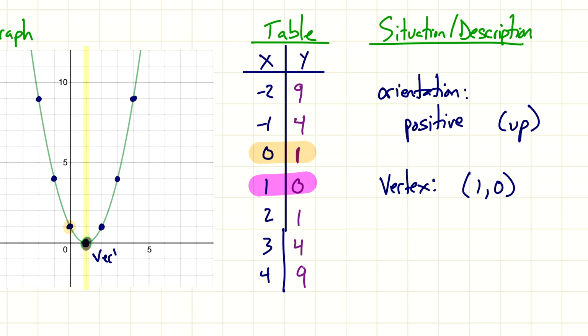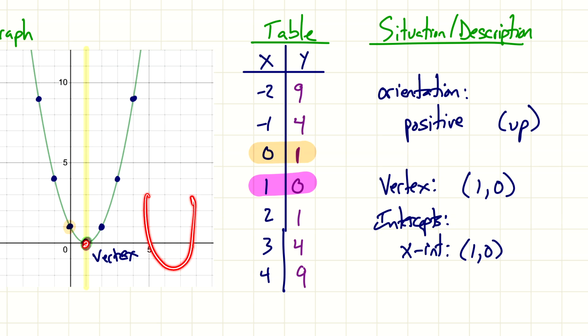This was the vertex at the bottom. Do we have any intercepts? The x-intercept is also at 1, 0. There's only one intercept here. You'll notice that it's only crossing the x-axis once. It's not like another graph where it might cross twice. That's okay. And then the y-intercept is at 0, 1.